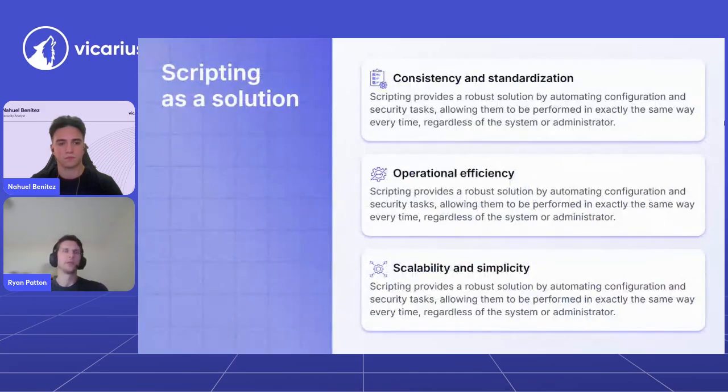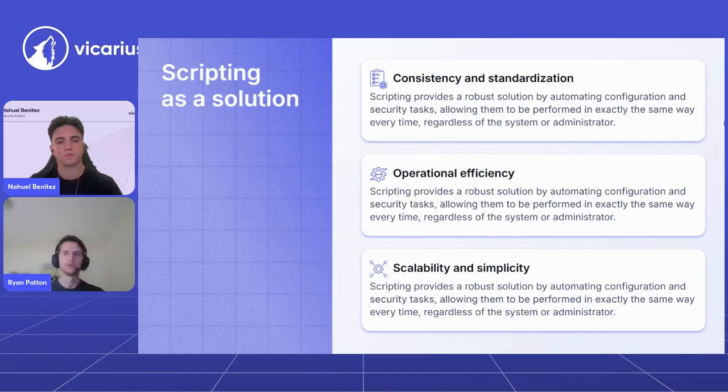So that's the problem, and what is the solution to that with scripts? The consistency and standardization. Again, we can test out a script in a dev environment. Testing is going to be a large portion of that, especially in this renaissance of AI that we're currently in.